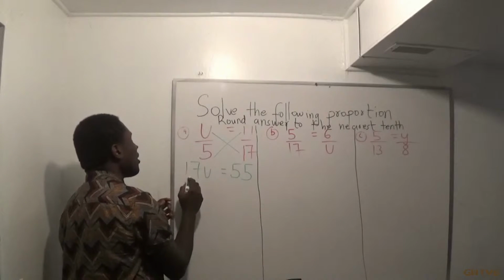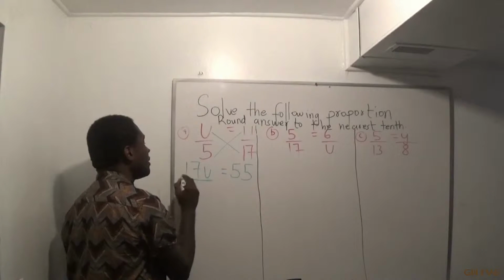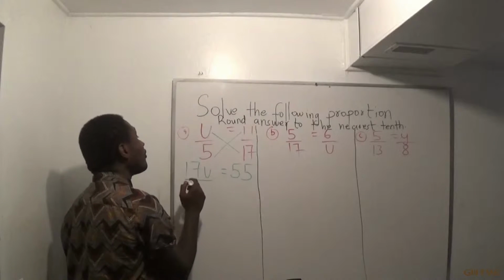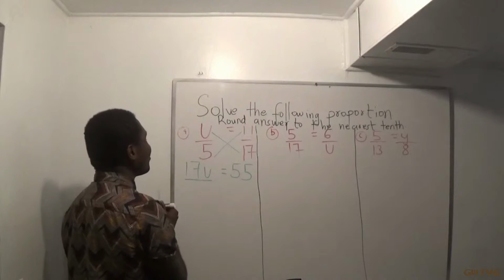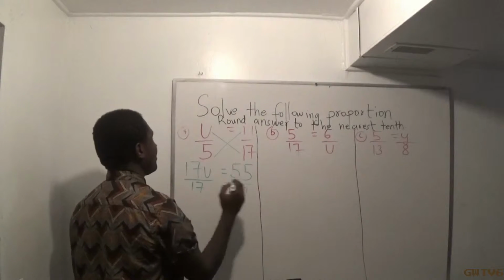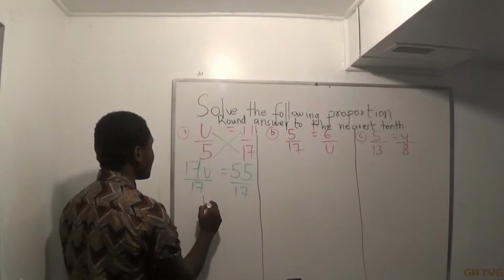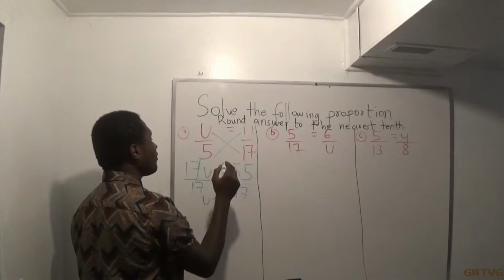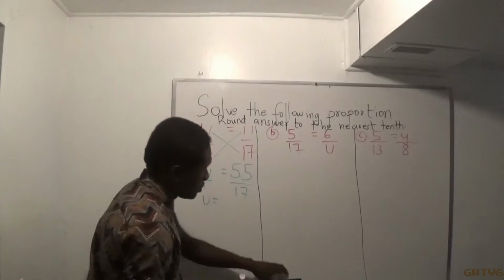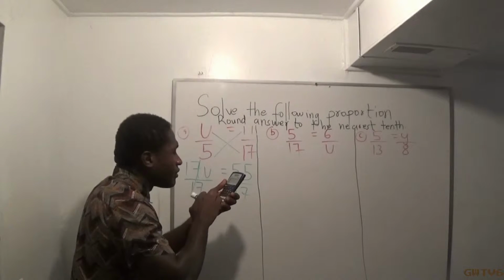Anytime I have a number with a variable, to get the variable by itself, I have to divide by that number in front of the variable. In this case, it's 17. I do the same thing right here. The 17 cancels out. So now I have my u by itself equals 55 divided by 17. Let me ask this: what is 55 divided by 17?